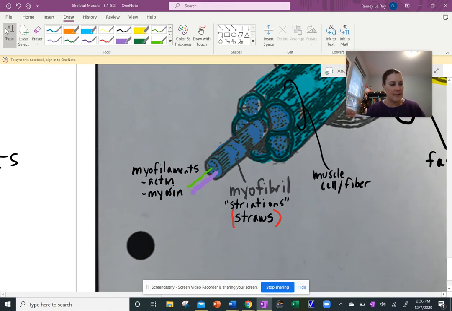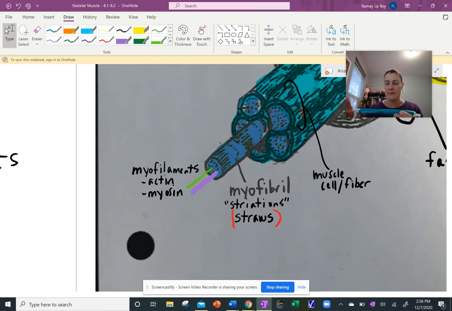The endomysium surrounds the individual muscle fibers or the individual cells. And so I just grabbed tissue paper, like a connective tissue covering, to surround my myofibrils. So depending on the size of the muscle, there would be more myofibrils. The smaller the muscle, the less myofibrils.